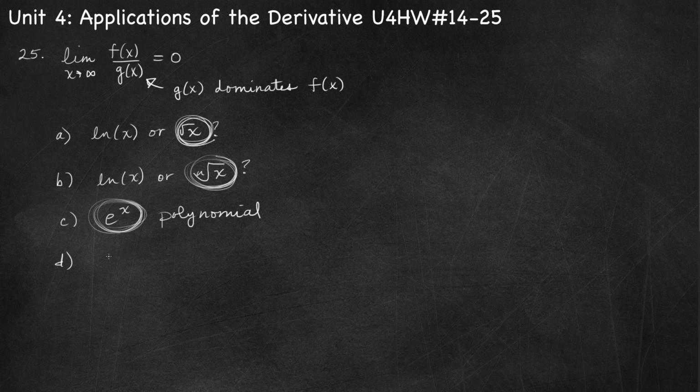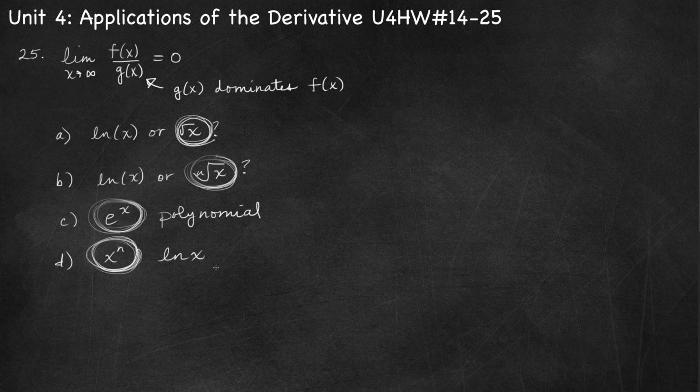And then part D, why does x to the n dominate ln x? Well, same reason, x to the power n for large values of x is going to grow faster than the natural log of x. So x to the power n will dominate ln x. ln x is pretty much the slowest growing function of all the functions that we study.